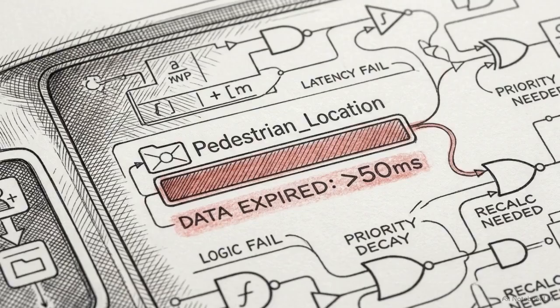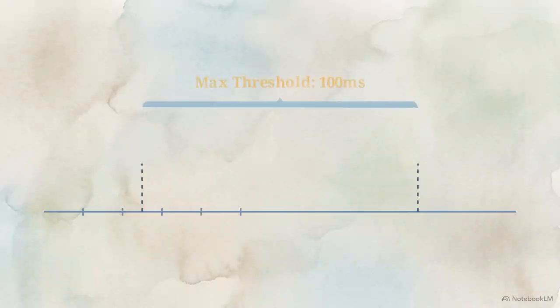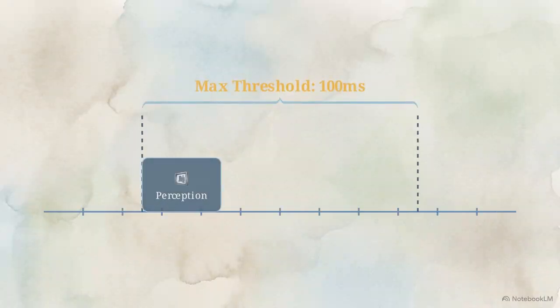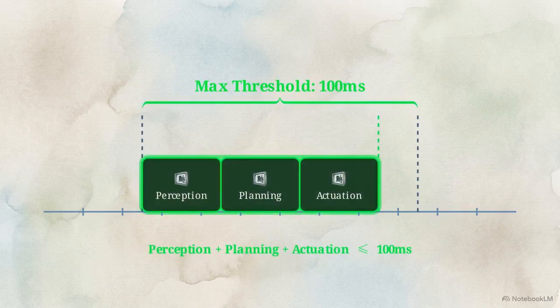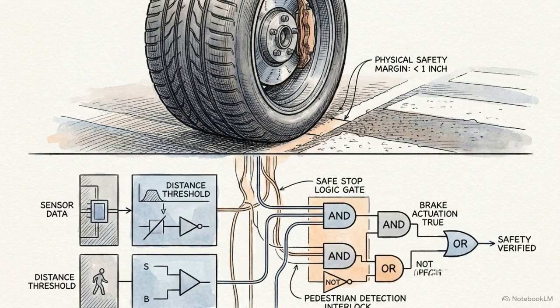They can mathematically define exactly how old a data point can be before it becomes dangerous to use. By applying latency constraints to the sequence of perception, planning, and actuation, engineers can guarantee the vehicle reacts within a safe time window. Treating time as a verifiable mathematical constraint allows us to guarantee physical safety margins using pure logic.